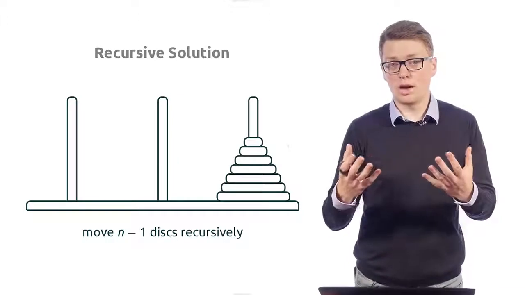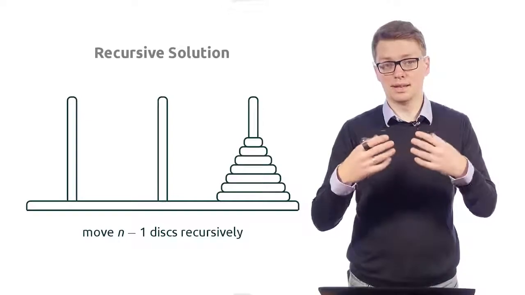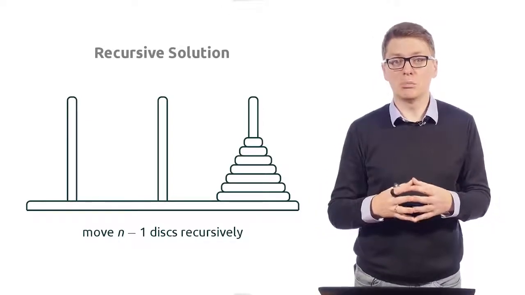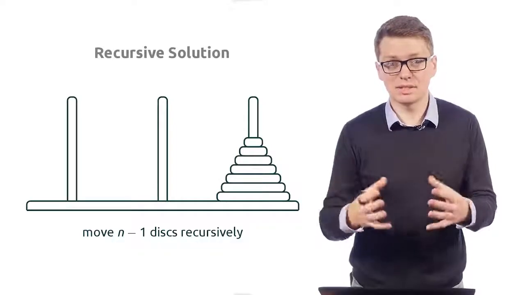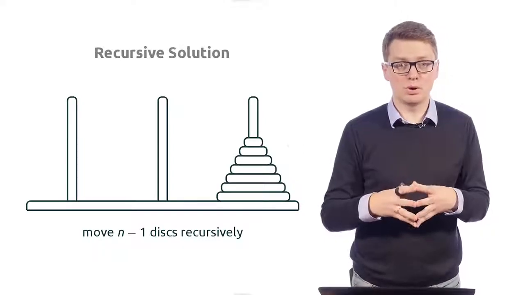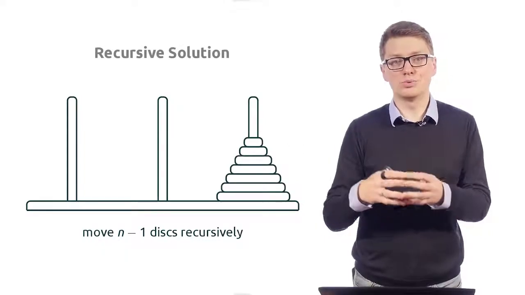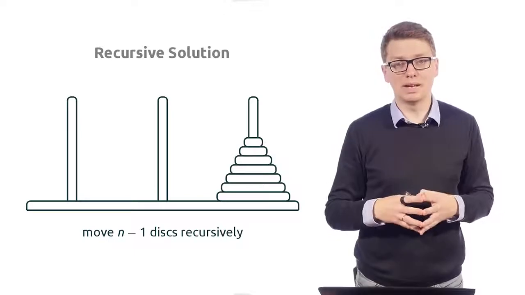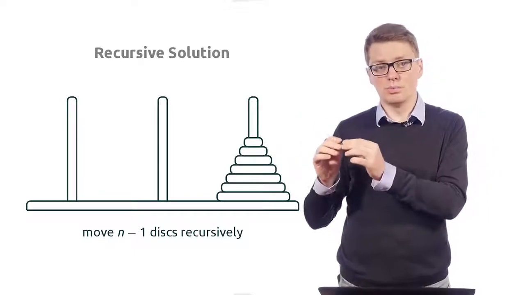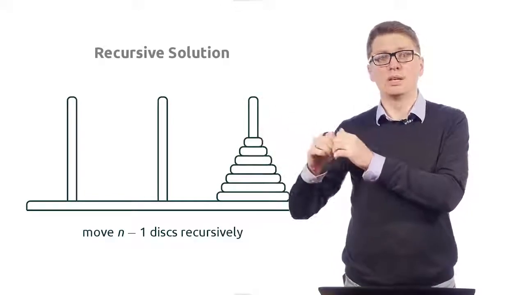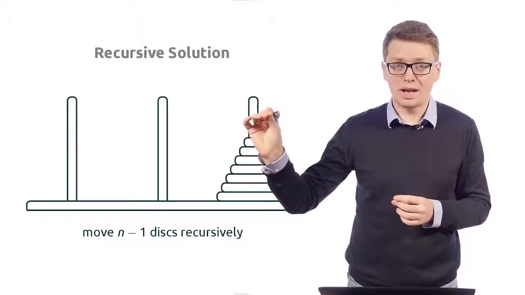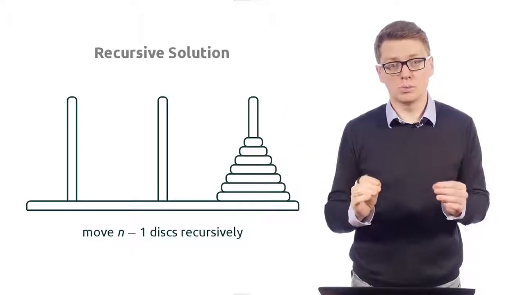We know how to do this because we can call the same procedure with parameter n minus 1, and this finally gives us the solution, right? So we reduced the problem with parameter n to the problem with parameter n minus 1. This problem in turn will be reduced to a problem with parameter n minus 2, then with n minus 3, and so on, until we reach 1, and for 1 we know that it is possible, right?